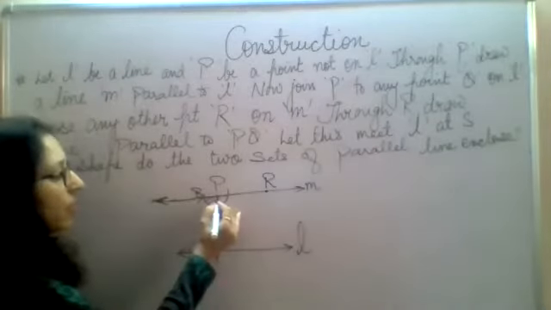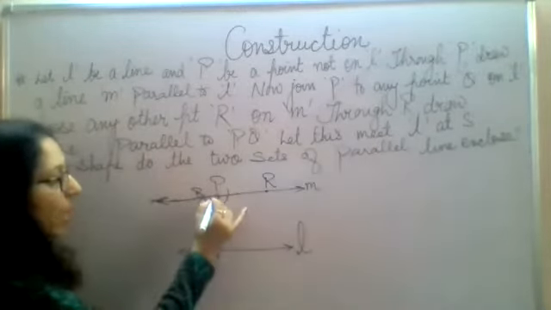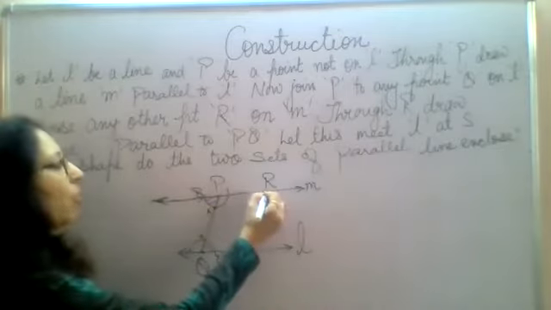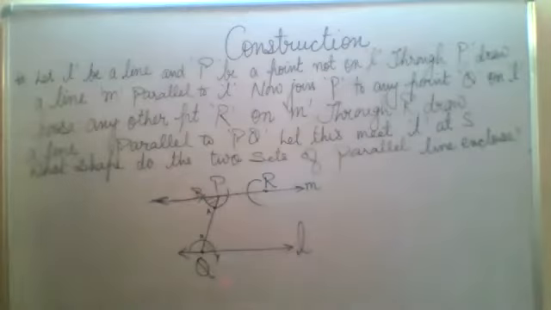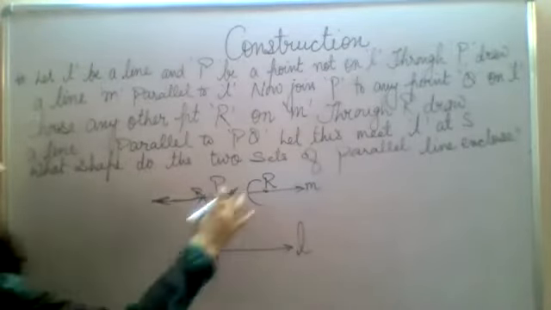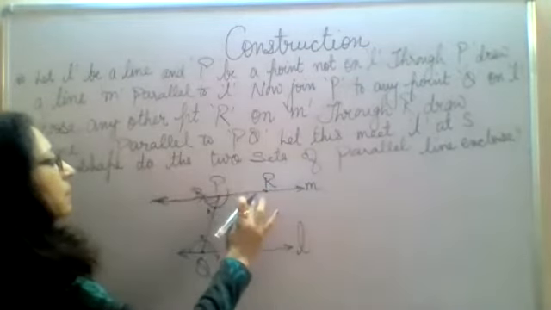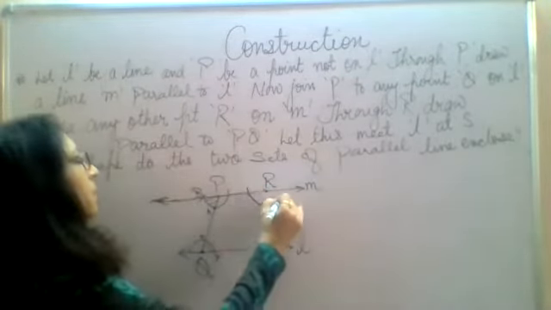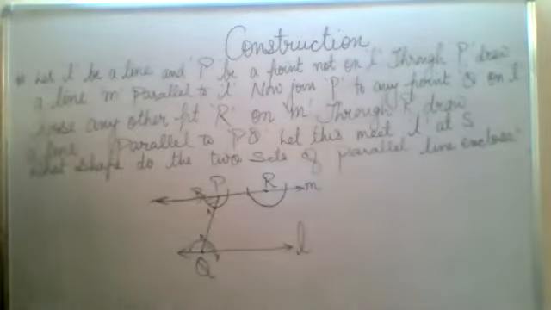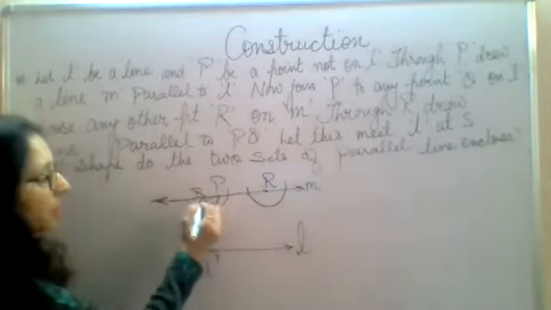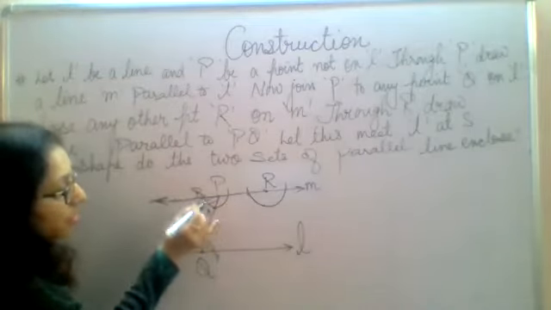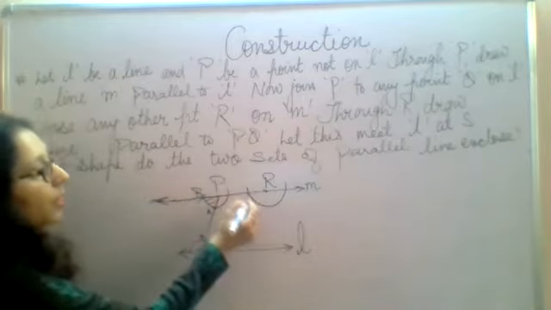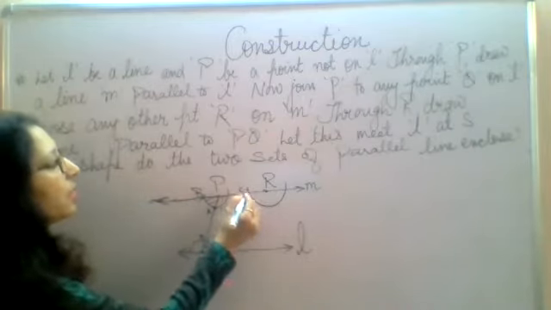So with the same radius as you have taken at Q and at P, draw an arc. Like this. This one same radius. Now from here, equal to AB, you can cut. This is C.